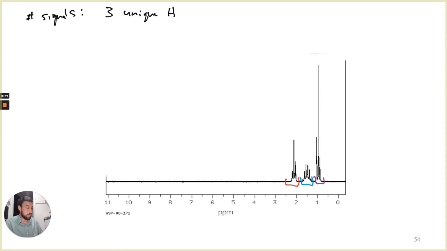If we wanted to go through and look at our chemical shifts, the red one comes in about 2.1. If you remember from one of our past slides, we talked about that. A 1.5, and our purple at 0.9. The 2.1, depending on your perception, this would be our interpretation.